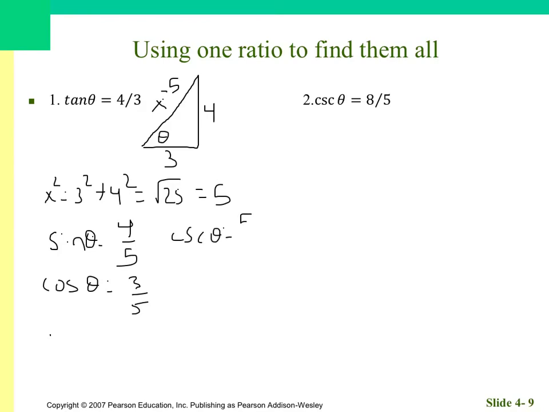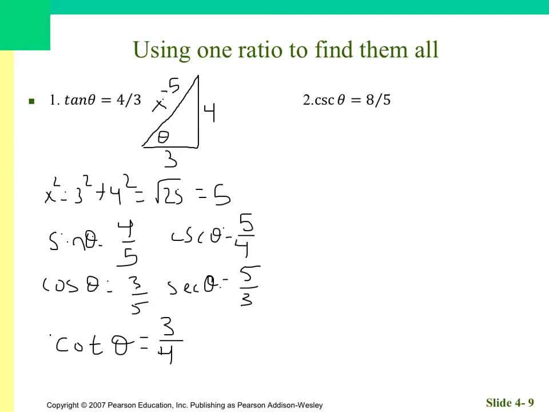Well, it's hypotenuse over the opposite. What is the secant of theta? Hypotenuse over adjacent. And what is the cotangent of theta? Adjacent over opposite. See? So there we go. And we always want exact answers, not decimal answers, okay?